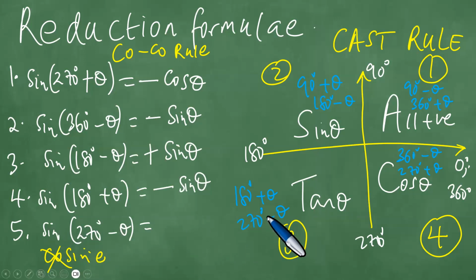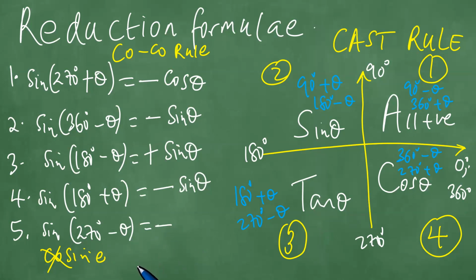The third quadrant. Well done, the third quadrant. You see, I'm trying to get Pekhalelo involved, and I can see that you've already mastered this trick, and now the most interesting things will be the exams, and the past exam questions are coming thick and fast. So 270 degrees minus theta is in the third quadrant, and the tangent is the only one that is positive there, and therefore the sign is going to be negative.